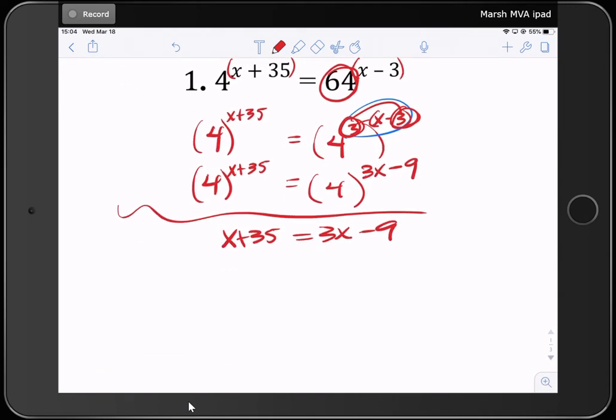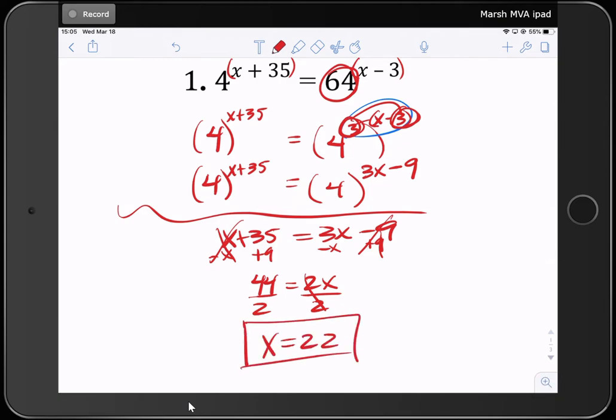I'm going to move the x to the right side. So minus x here, minus x there. And I'm going to move the 9 to the left. So plus 9 here and plus 9 there. And these cancel, and these cancel. 35 plus 9, 44, and that equals 2x. And now divide this side by 2, divide that side by 2. This cancels, I get x is equal to 22.